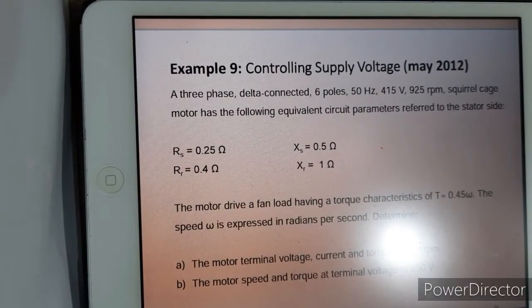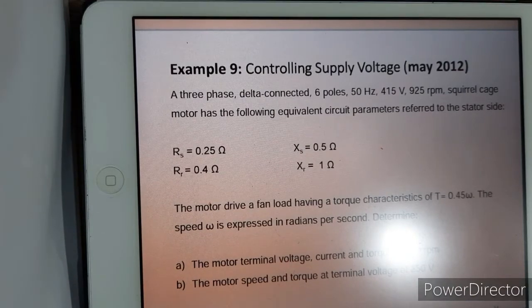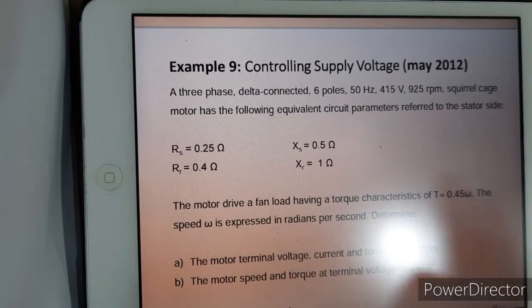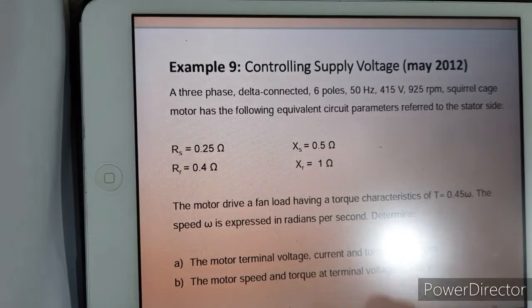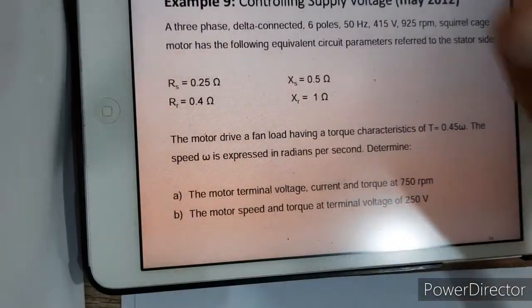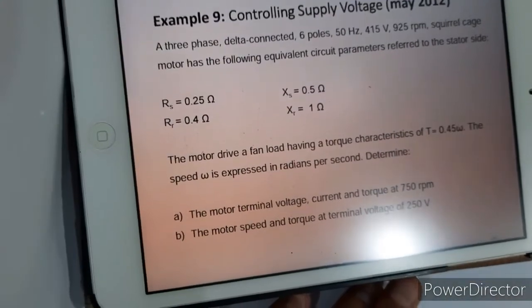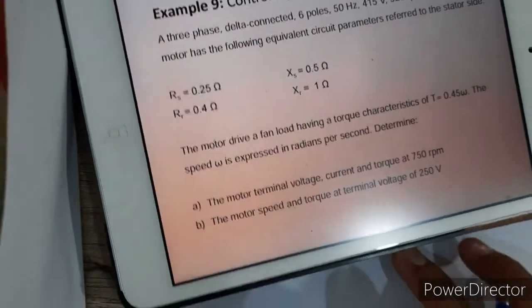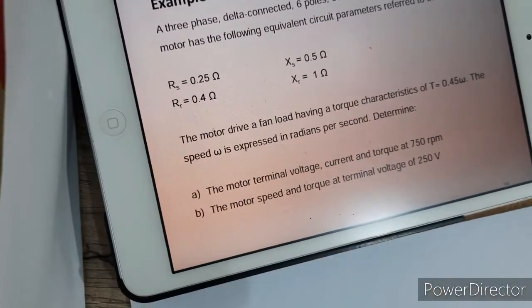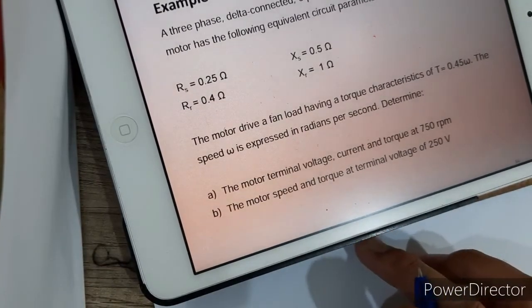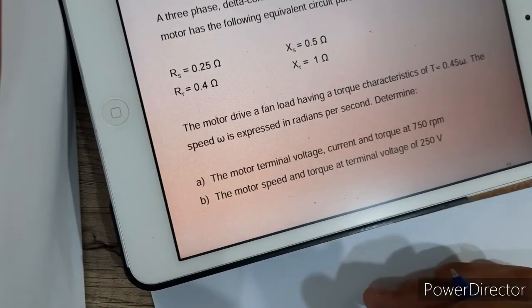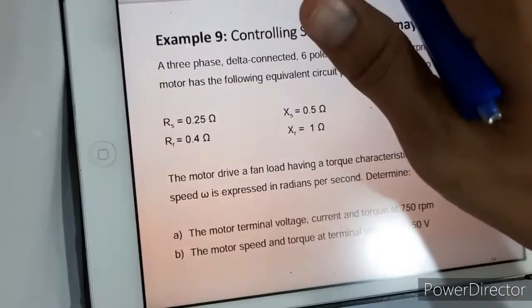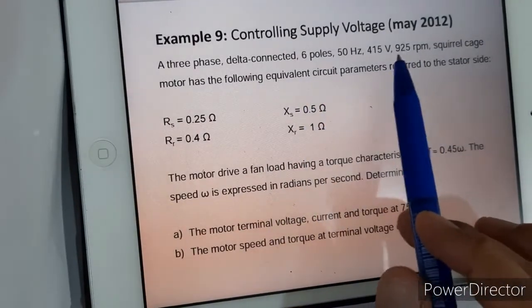Okay, so we continue on example 9. Still a similar method, which is controlling supply voltage. You can read the question. It is straightforward to determine the equation. Given here is a delta connected system, 415 volt.